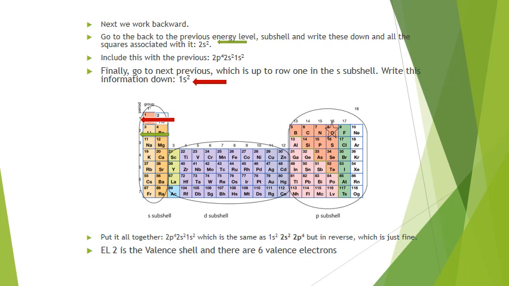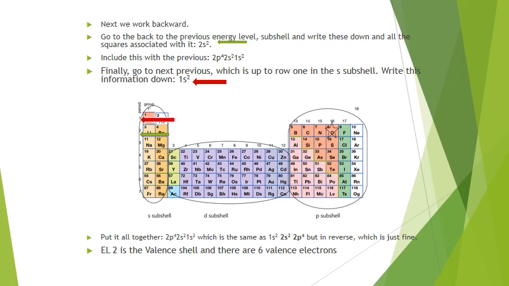You move over to the next subshell, the s's, and that's what this green arrow is. This is the 2s, so you go through 2 squares and write down 2s2.